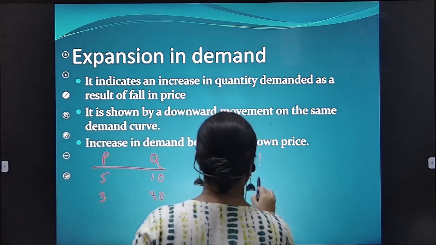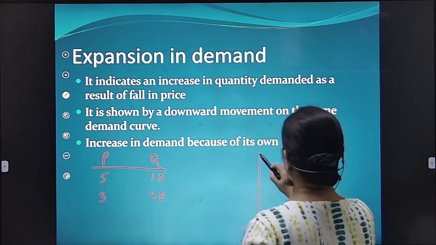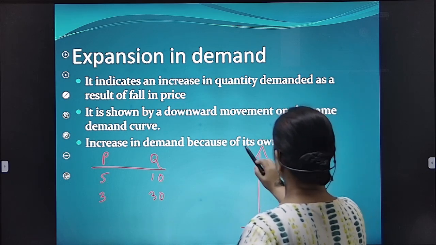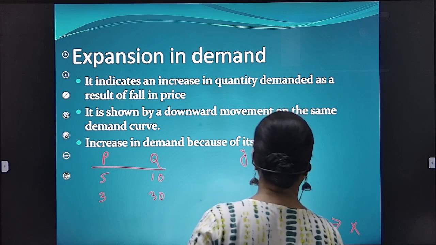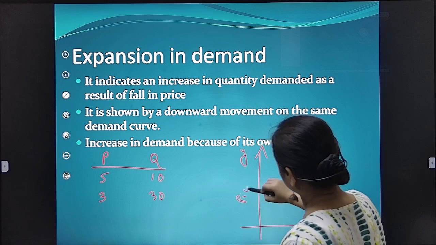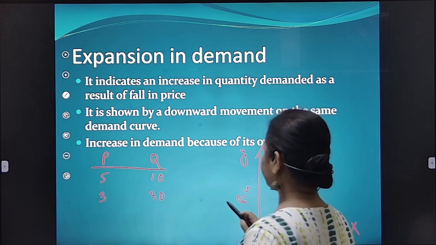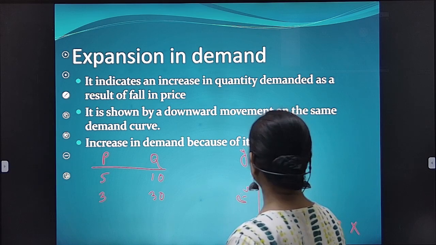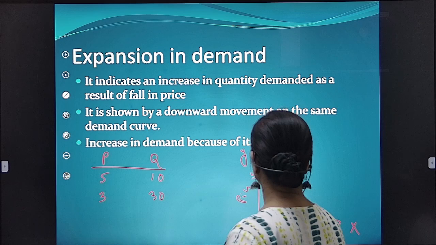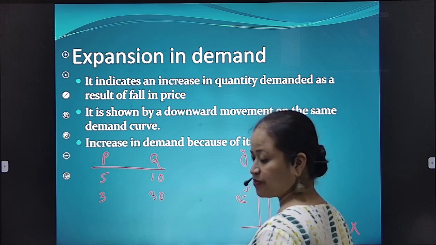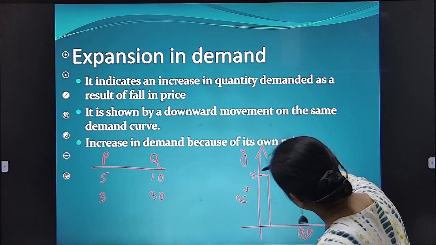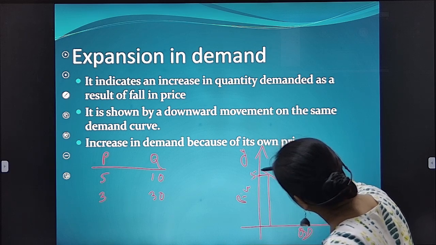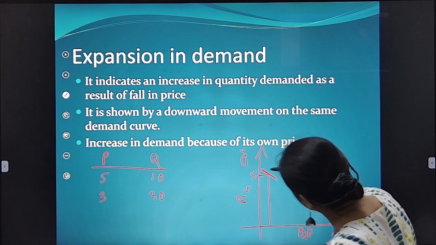Fine. So when we will plot this here, x and y, and this side your quantity demand and this side your price. Okay, so when price was 5 here, suppose this is 5. So quantity demand was 10, this one, right? So demand curve is this one. This is your demand curve.